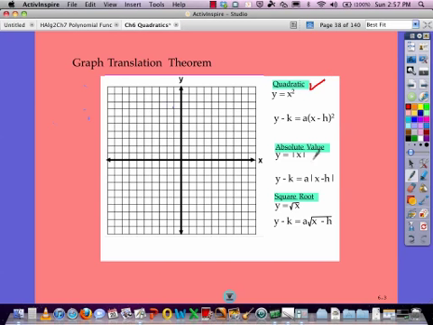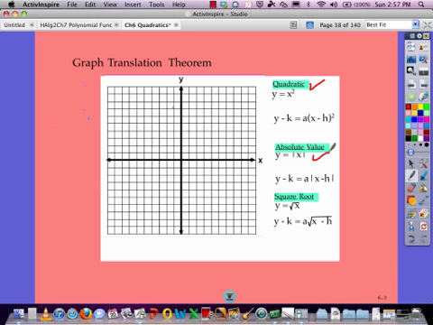The absolute value, we have y equals absolute value of x, and this would be the translated version. And then the square root, y equals the square root of x, and then there's your look for what it would look like if we use the translated version. Notice they're all very similar. The only difference is what symbol is being used: the parentheses, the absolute value bar, or the square root.